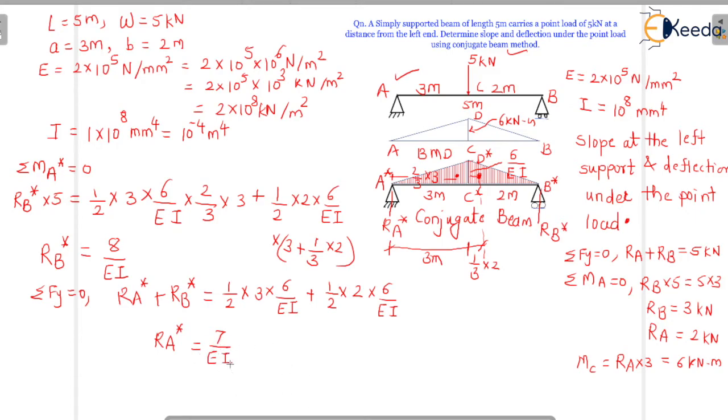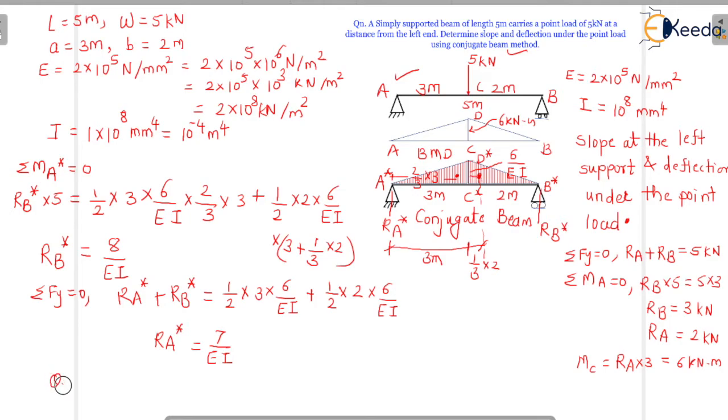Once we are done with the reaction, calculation of slope and deflection becomes very easy. So slope is, now just remember, I'm going to the next page. So just remember what is this RA. RA star is 7 by EI. Or otherwise I'll just do it here only so that we will not miss the data here.